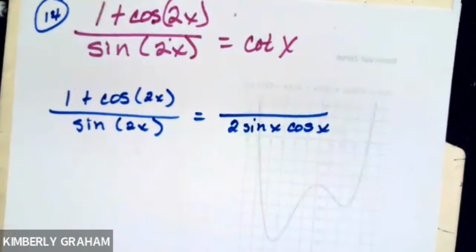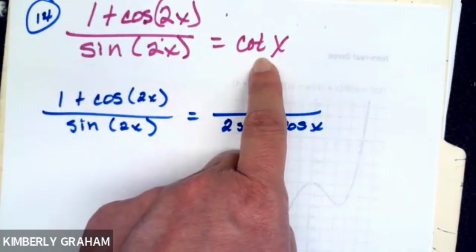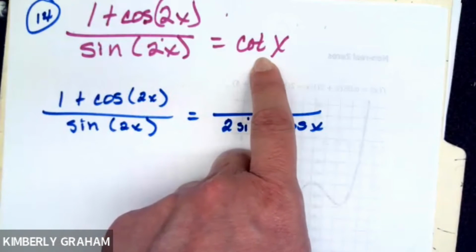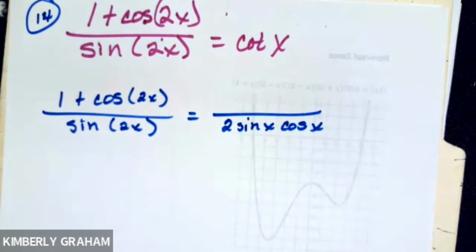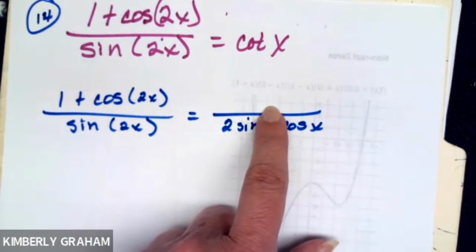What do I want to end up with? I want to end up with cotangent, and I know cotangent is cosine over sine. So I want my cosines to cancel out, and I want to have just this sine on the bottom. Well, if I want cosines to cancel out, then I need cosines in the numerator.